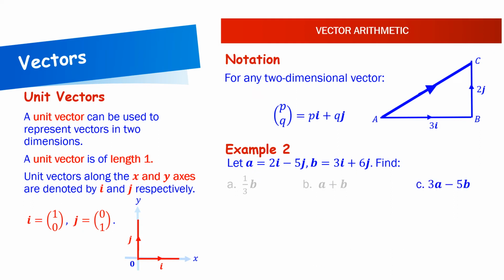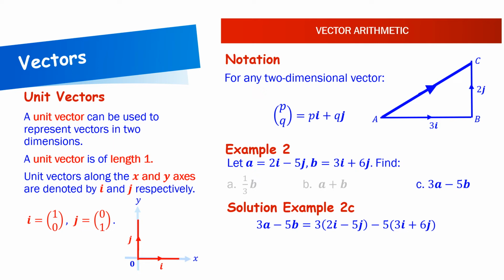And finally for part C, we are required to find 3a minus 5b. So let's solve this and write it out first. Here's 3a, and here's minus 5b. Expand first. So here's 3 times a, expanded, 6i minus 15j.